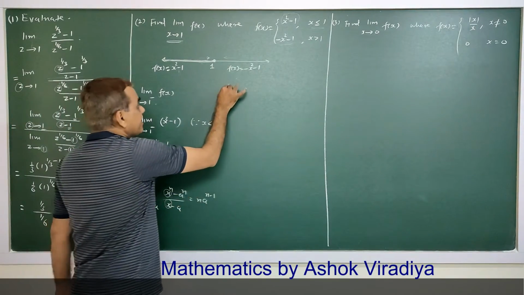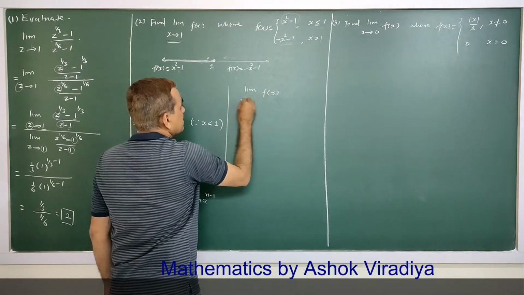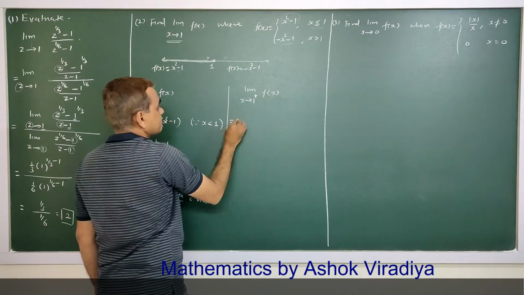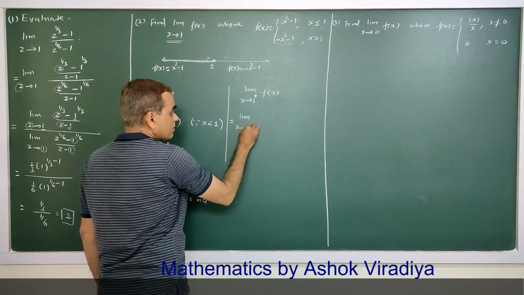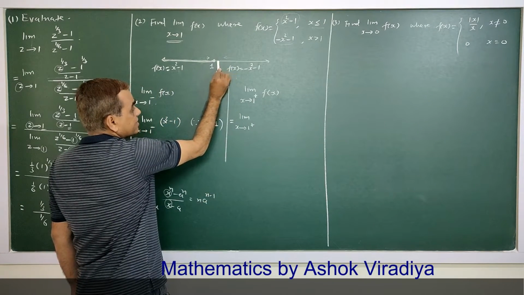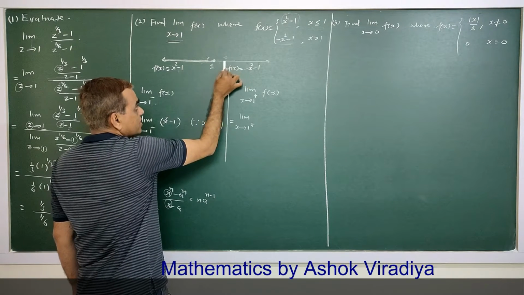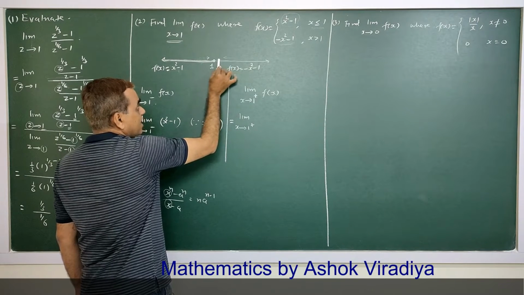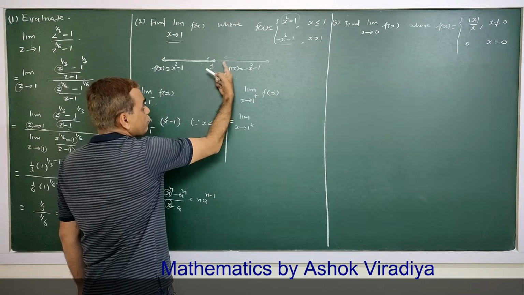Now we find the right hand limit. Limit of f(x), x tends to 1 from the right side. X is coming towards 1 from the right side, from this side. When x changes its value on this side, all x are greater than 1, because all values will be on the right side of 1.